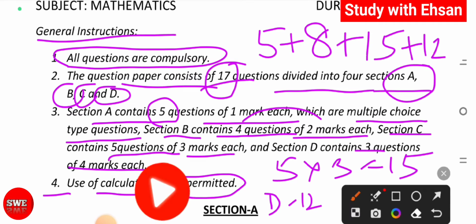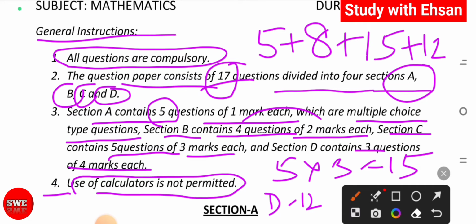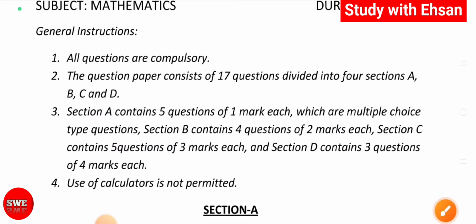Yes, some students use calculators while doing their homework, but this is the practice set. No matter you are solving this in your home, you are not allowed to use calculators. Attempt these question papers in such an environment that you are going to face in your exam hall, in your school. So be careful and be honest also.